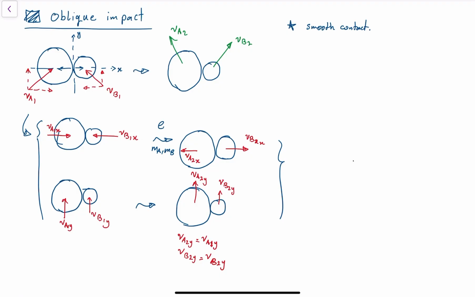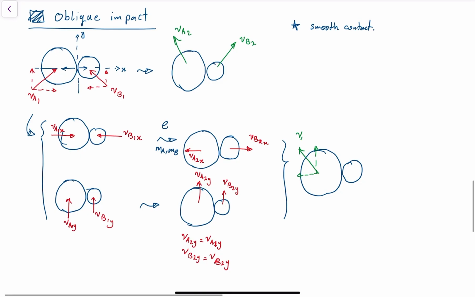And now that you have these conditions after impact, you can calculate VA2 and VB2. You have body A, body B, and now you have calculated the components of each of these, and you know the final velocities VA2 and VB2.